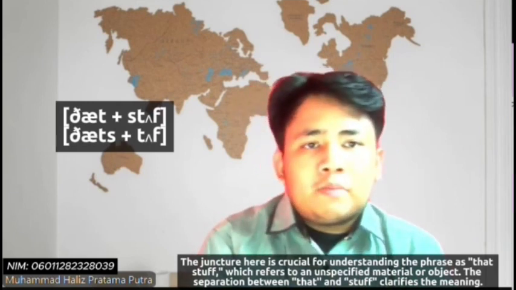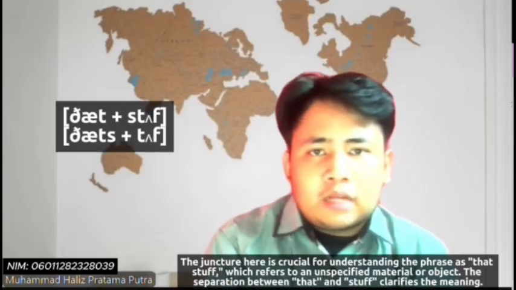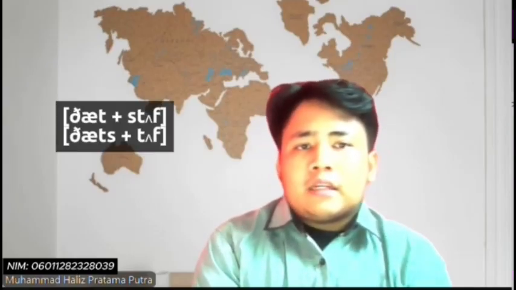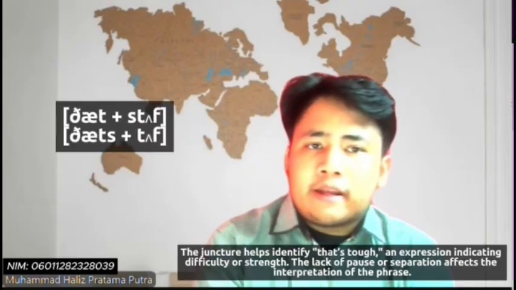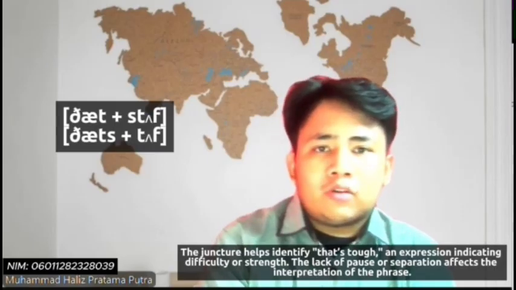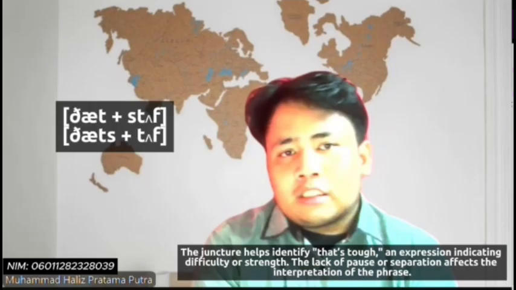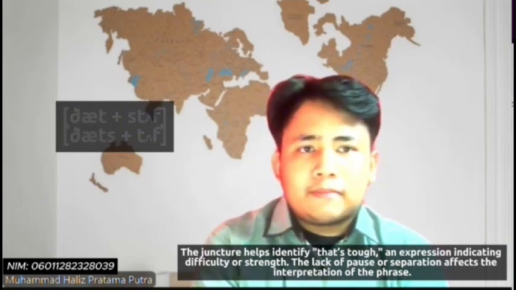The separation between "that" and "stuff" clarifies that meaning. For "that's tough," the juncture helps identify "that's tough," an expression indicating difficulty or strength. The lack of pause or separation affects the interpretation of the phrase.